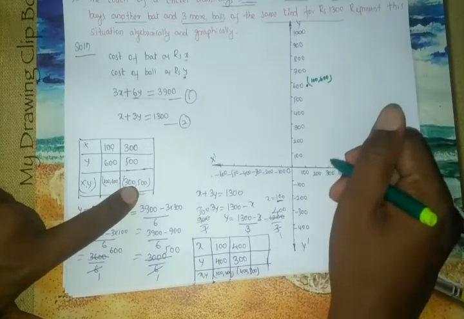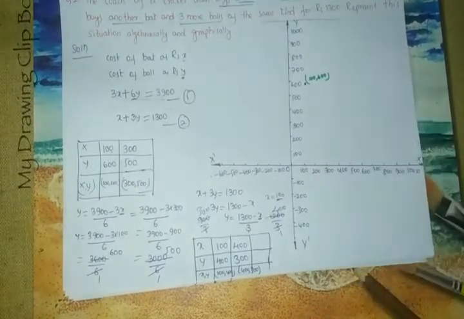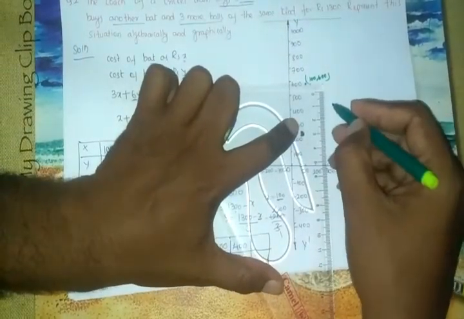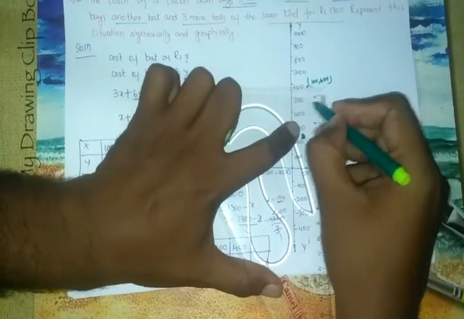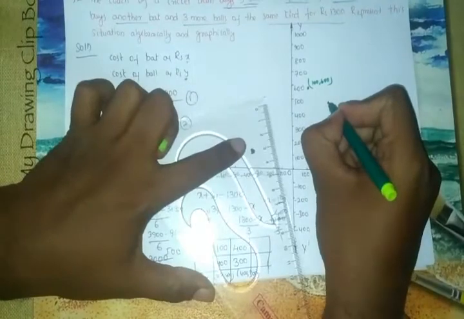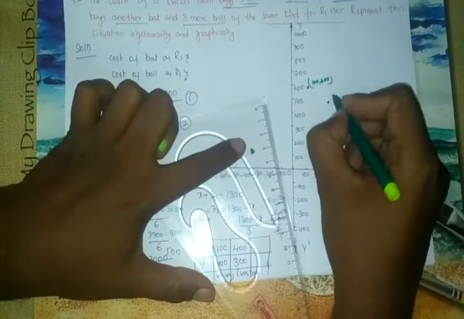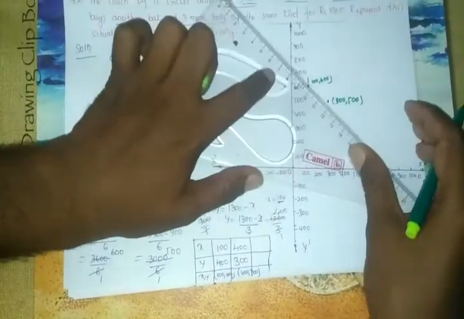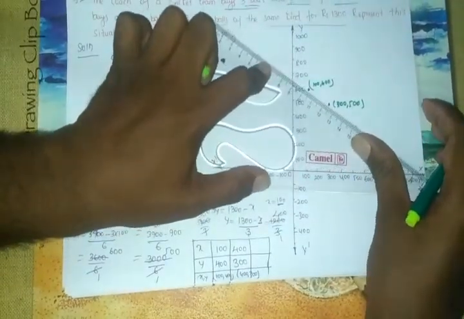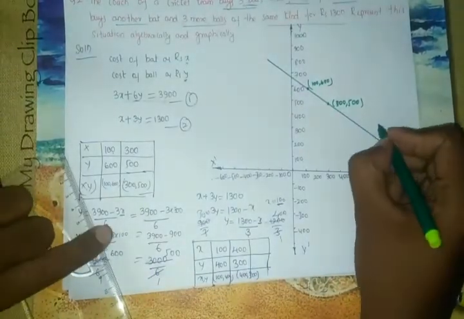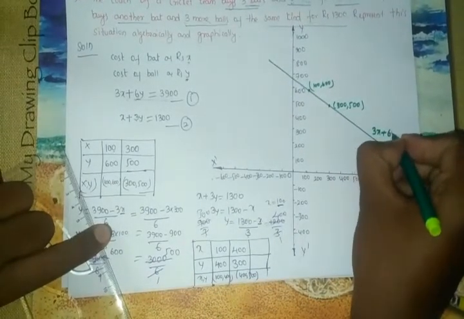So when x is 300, y is 500, somewhere here. I have 2 points. I can join these 2 points. When I join these 2 points, I will get a straight line. So this line represents the equation 3x plus 6y equals 3900.